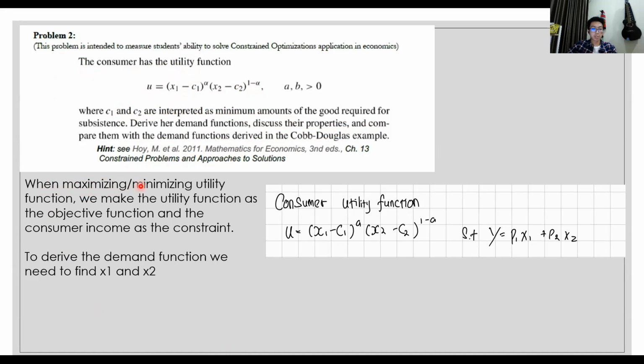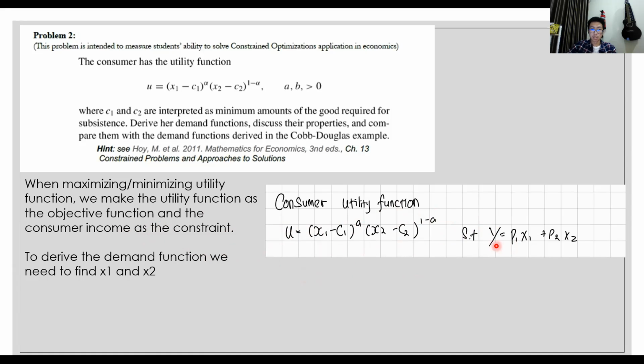When maximizing the utility function, we make it the objective, and the consumer income is the constraint. The only thing that limits the utility function is the income of the consumer.